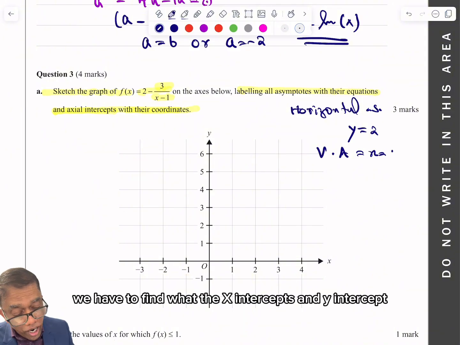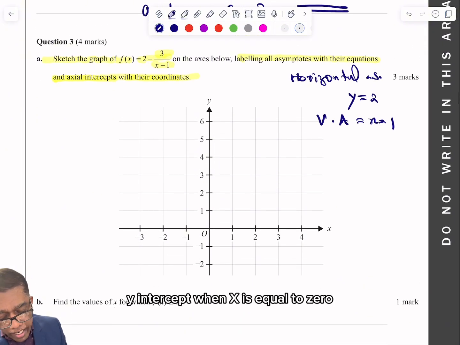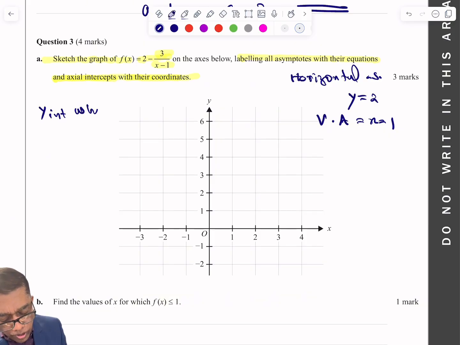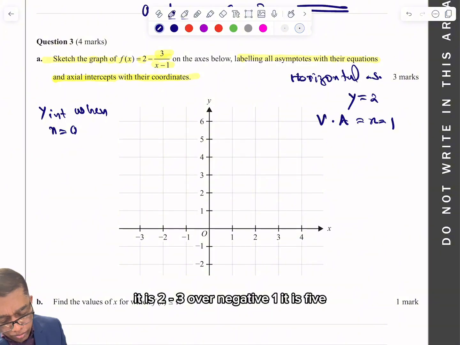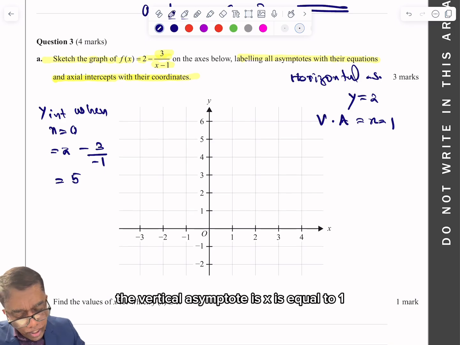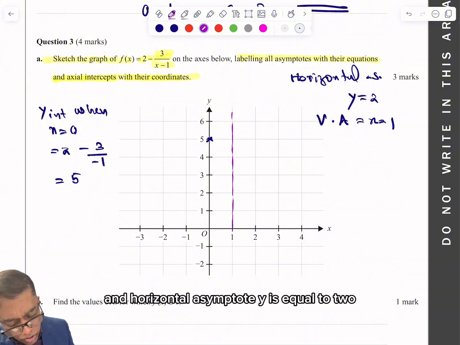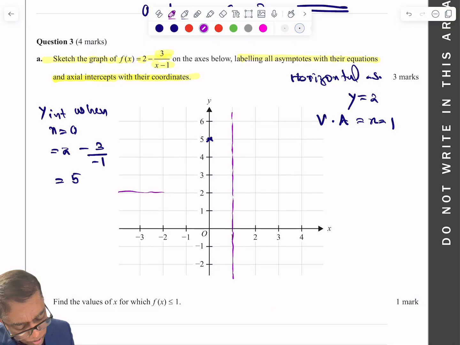Now we have to find the x-intercept and y-intercept. For the y-intercept, when x is equal to 0, it is 2 minus 3 over negative 1, it is 5. The vertical asymptote is x is equal to 1 and the horizontal asymptote is y is equal to 2.